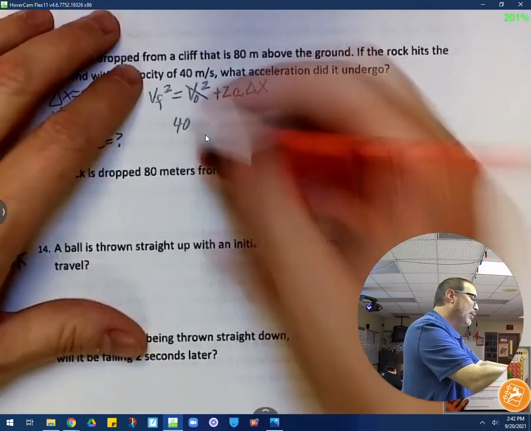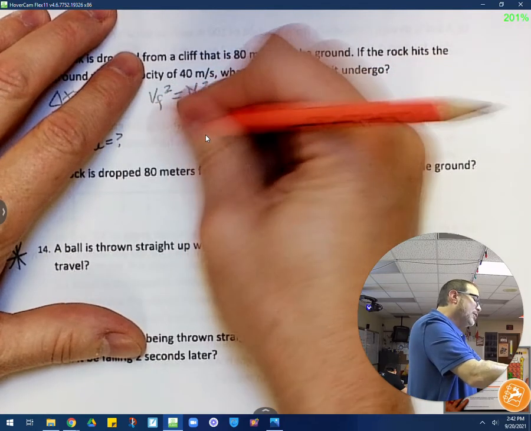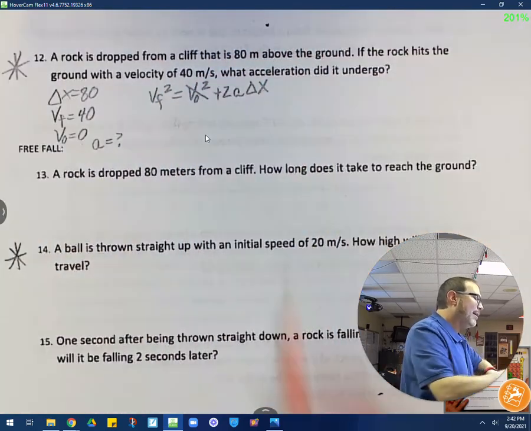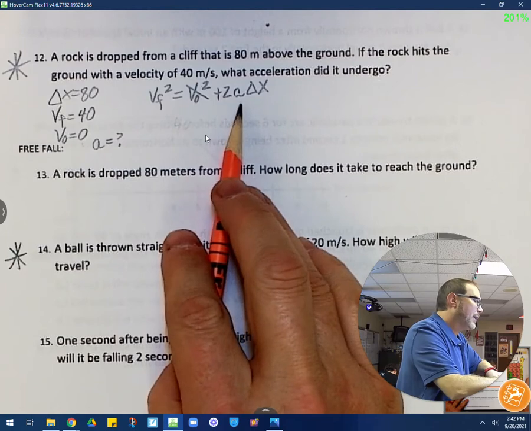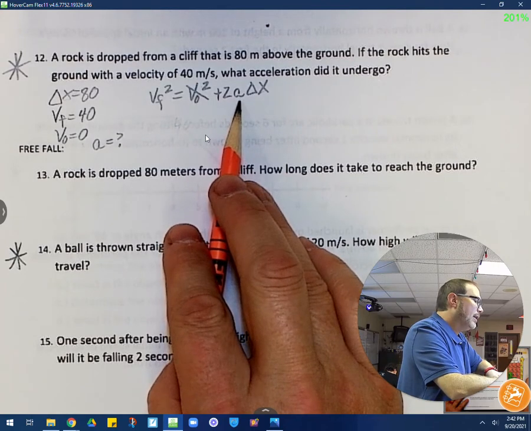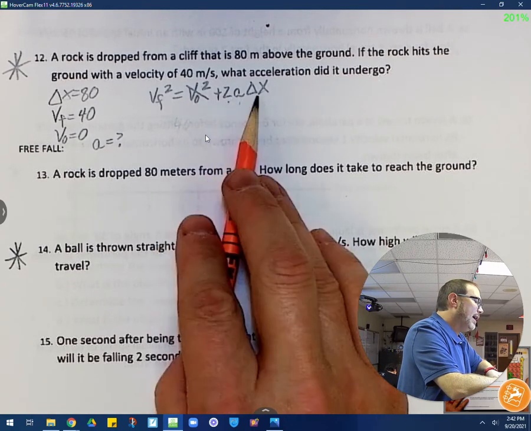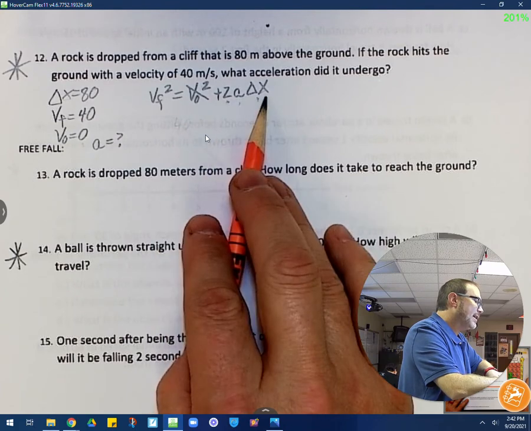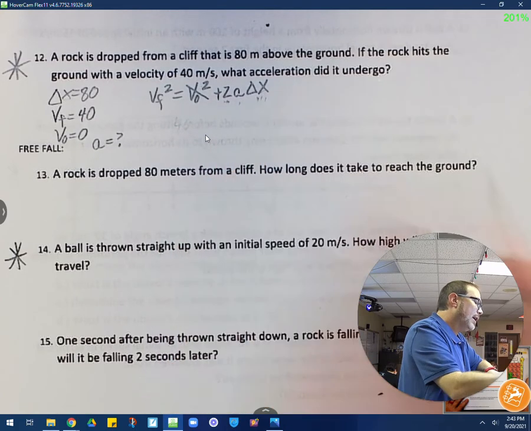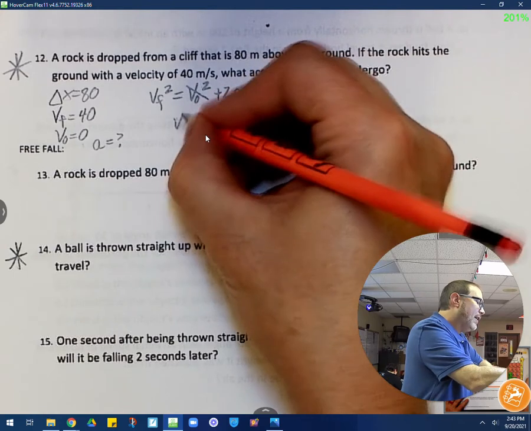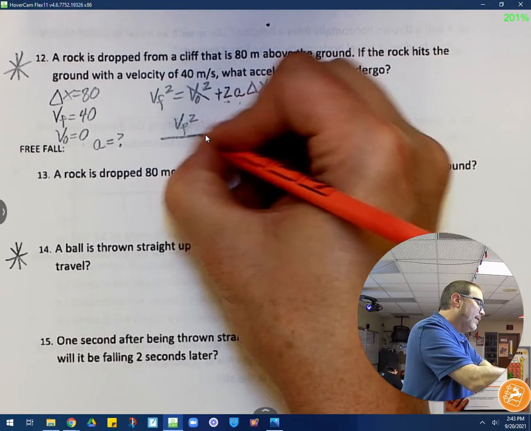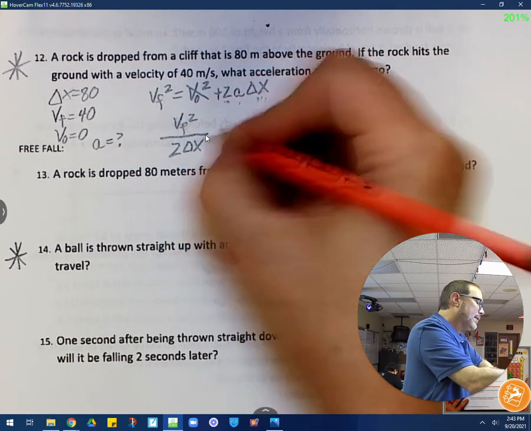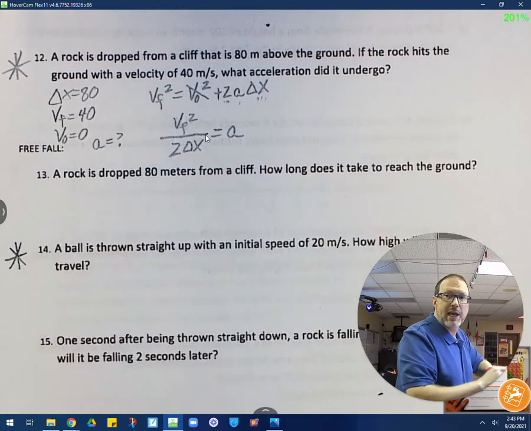I don't want to start plugging numbers in yet. Let's algebra this thing out. How can we get a by itself? Well, let's divide both sides by 2 delta x. So if I have Vf squared divided by 2 delta x, that's going to give me a.